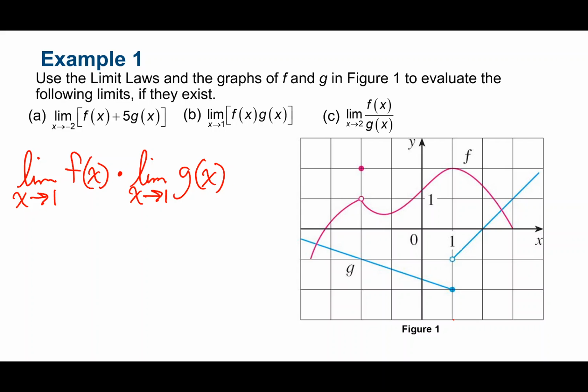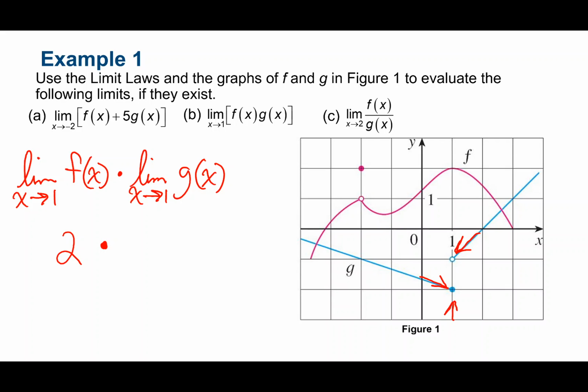So x value of 1, that's this line. So on f of x, coming in here, our y value is getting close to 2. G of x, coming in from the left, we're coming in down here. From the right, we're coming in up here.